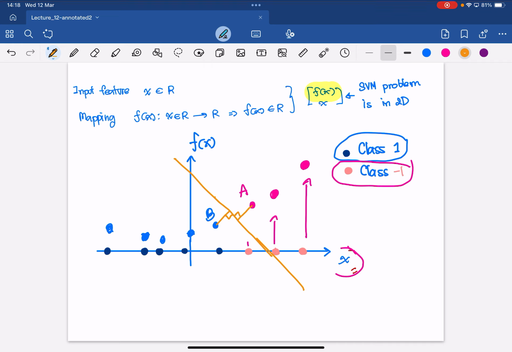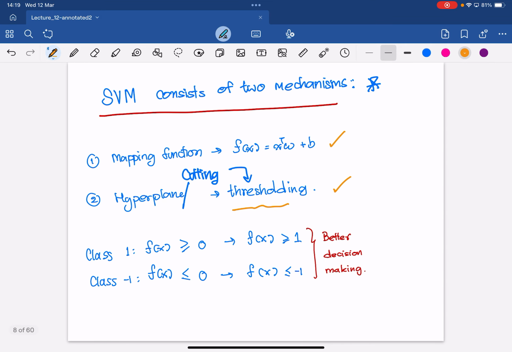Therefore, it could perfectly balance between the two. So that becomes the second and third condition of this hyperplane. Let me summarize. First, in SVM, you need a mapping function that maps the points into separate locations. And second, you need a hyperplane to do the thresholding or cutting.